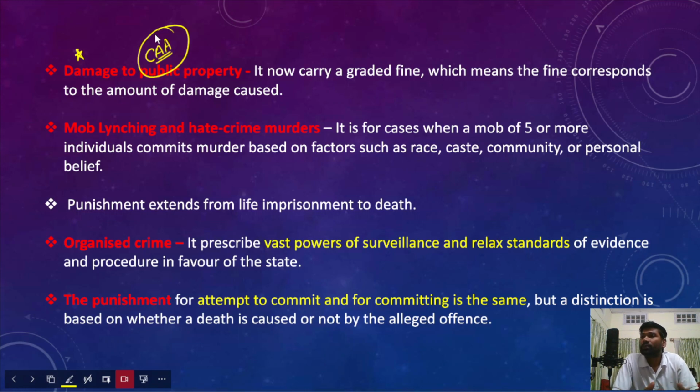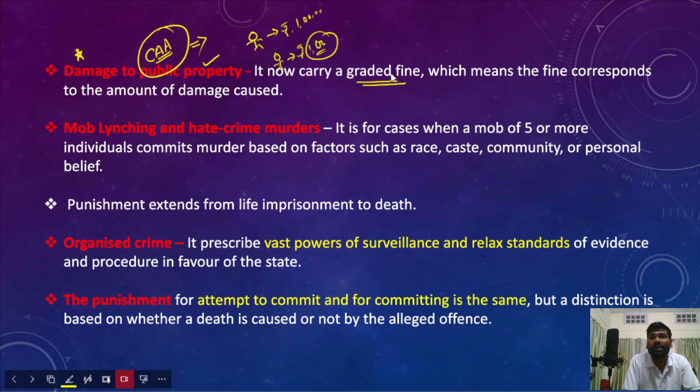However, this Bharatiya Nyaya Sanhita has certain provisions with respect to damage to public property. It is now considered a graded fine. Graded fine in the sense that, imagine an individual who caused damage to public property worth 1 lakh rupees, and imagine another individual who committed damage to public property worth 1 crore rupees.